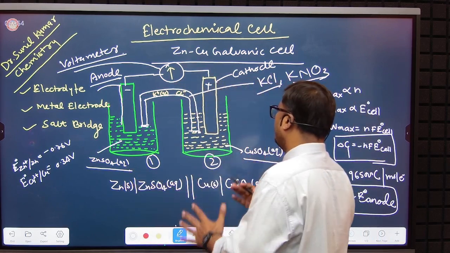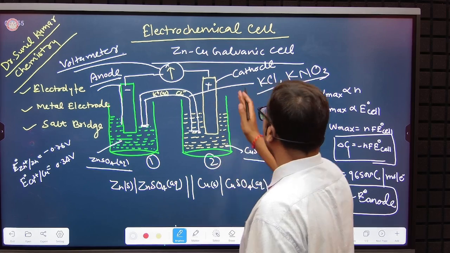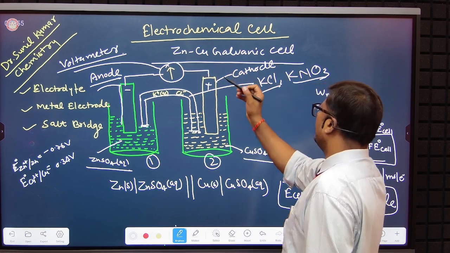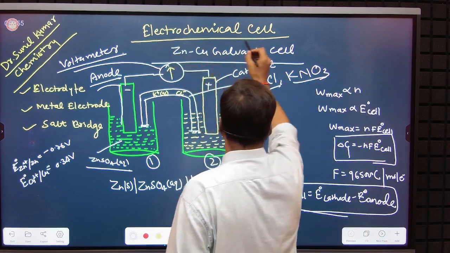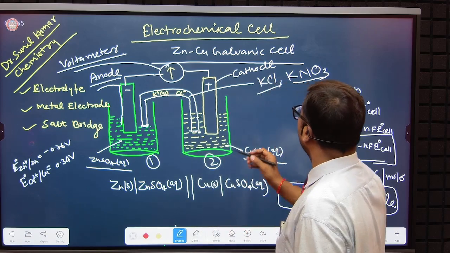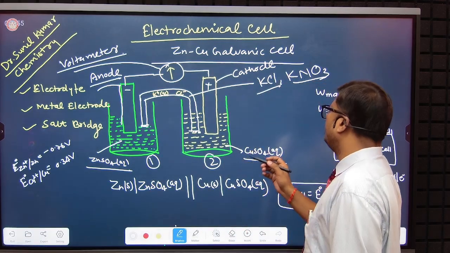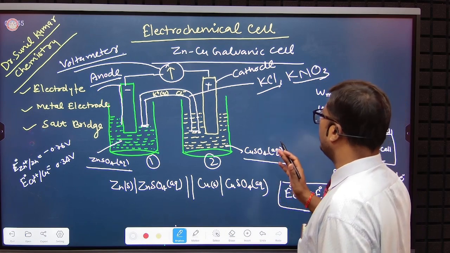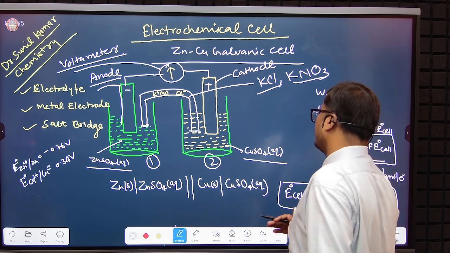So these are the components of an electrochemical cell. Electrochemical cell is part of electrochemistry, and electrochemistry is based on oxidation and reduction reactions to produce an overall redox reaction.